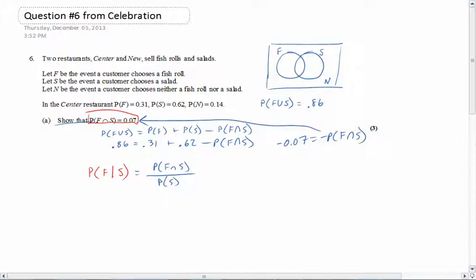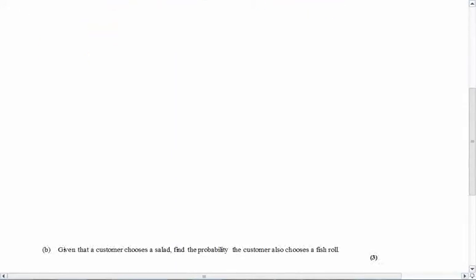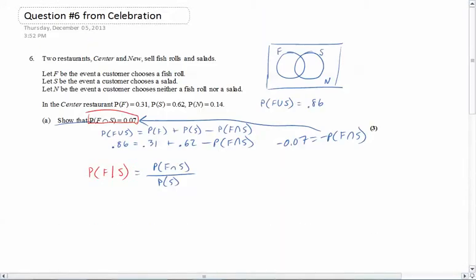Some of you did something strange with the letters, and you ended up having probability of F on the bottom. Pay attention to what's here, what's there, how that affects what goes into these slots, the A, the B. Make sure of that, because this should have just been 0.07 divided by the probability of a salad, which is 0.62.